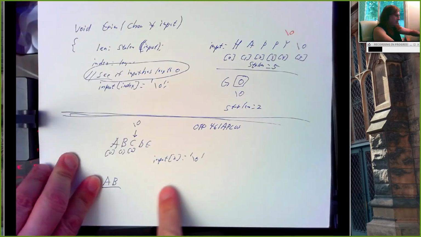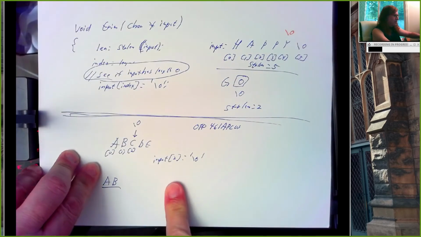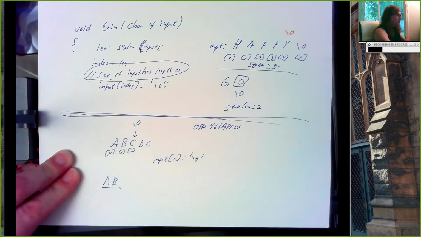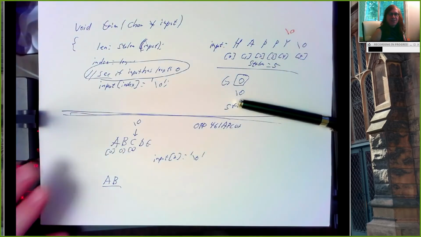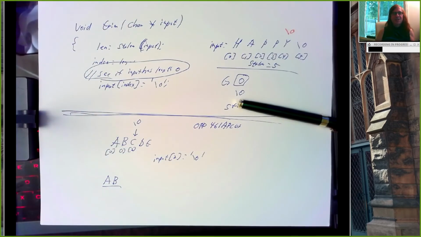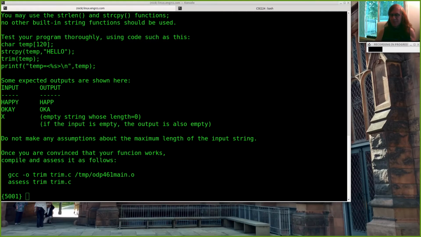So let's play with this function, right? This non-ODP function, just to see what happens when we try to pass pointers to characters to a function and try to change those values and send them back.